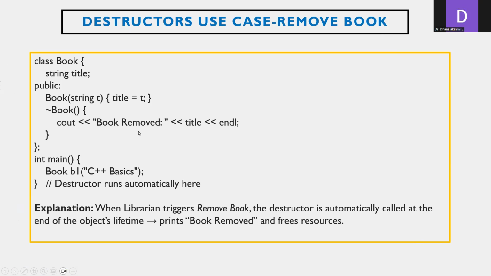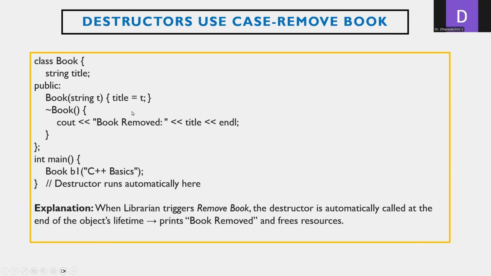Together, they control what happens when the book object is created and when it's destroyed. So the constructor, you can identify it easily because it has the same name as the class, book, and it has no return type, which you have seen in the previous slide itself.